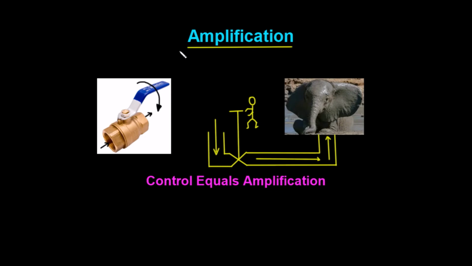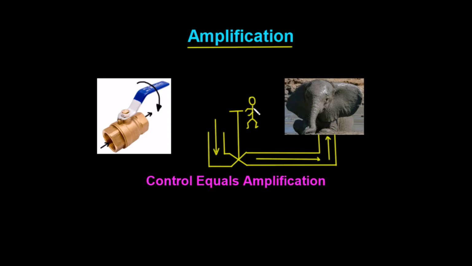Now, as we all know, we never get something for nothing. So the word amplification really could be replaced by the word control. So let's say, for example, we have an elephant here sitting in water, and this little man has been tasked to lift the elephant.